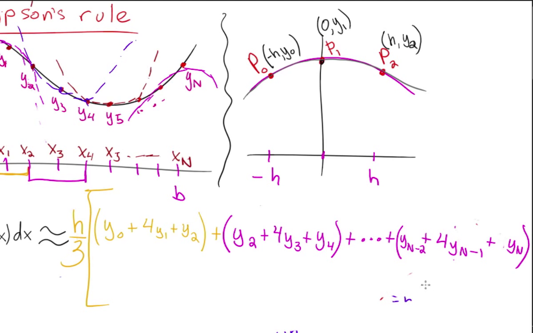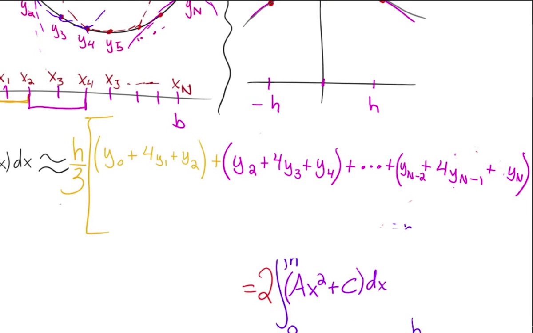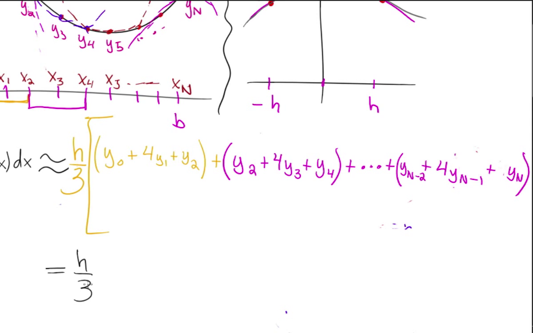Okay. Then what do you guys notice? With the exception of the first and last again, I can simplify this, right? I can simplify it because there's a definite pattern. This is equal to h over 3, and then how many y sub zeros do you have? 1.